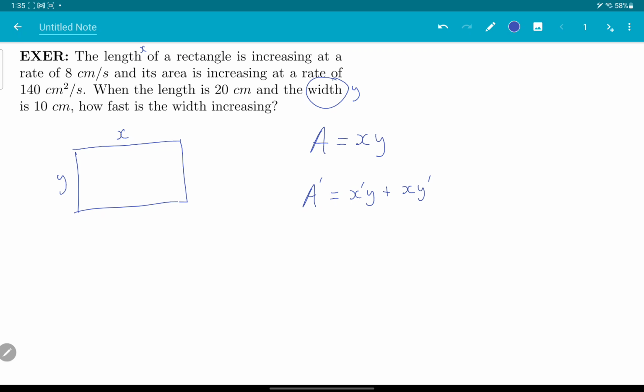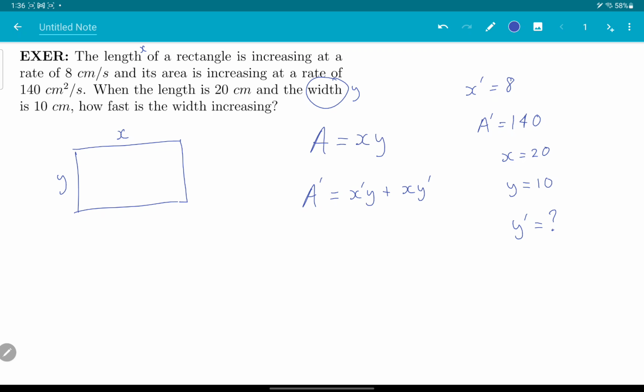So the x is increasing at a rate of 8 centimeters per second, so x prime is 8. The area is increasing at 140, so A prime is 140. The length is 20, so x is 20 at some given time. And the width is 10. And we want to find y prime is what we're looking for.